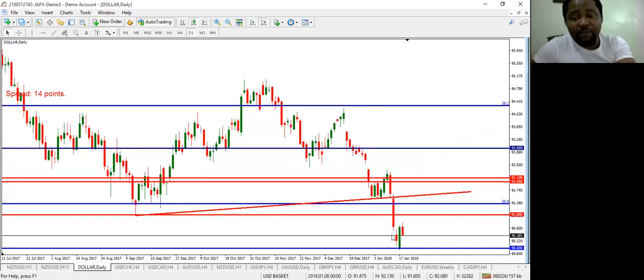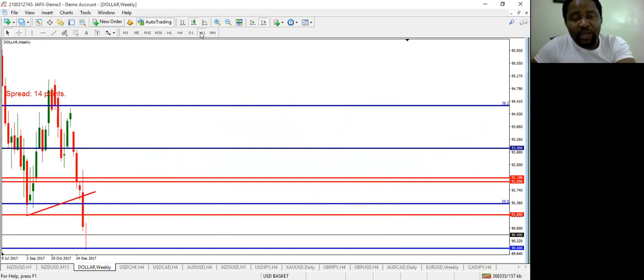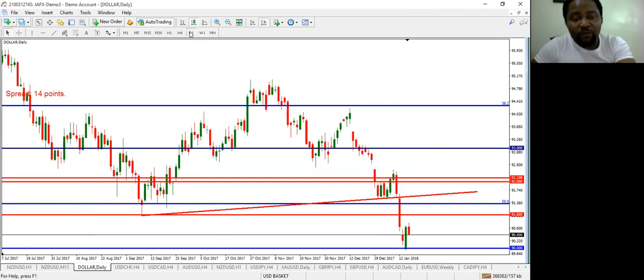Yesterday we had a bullish engulfing, which is a signal for a buy with stop loss 10 pips below this. Whatever retracement takes place, it could be 50% of this, it could be 61.8% of this, it could be a retest of 90.00. Whatever it is, we shall know by the end of today or tomorrow's candle where we are heading for the next quarter of the year.